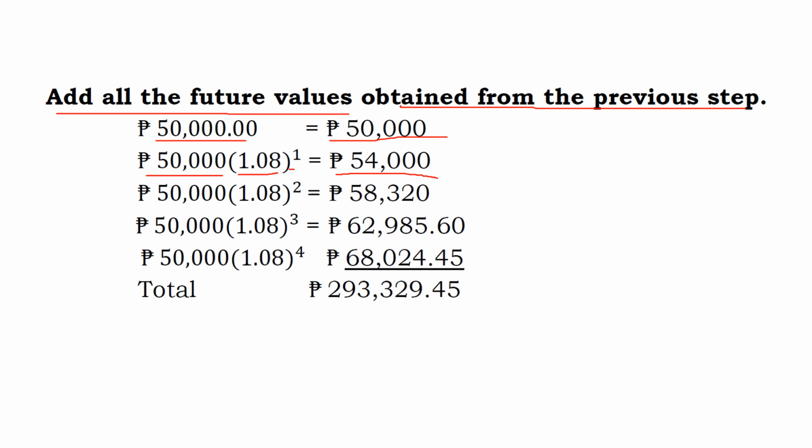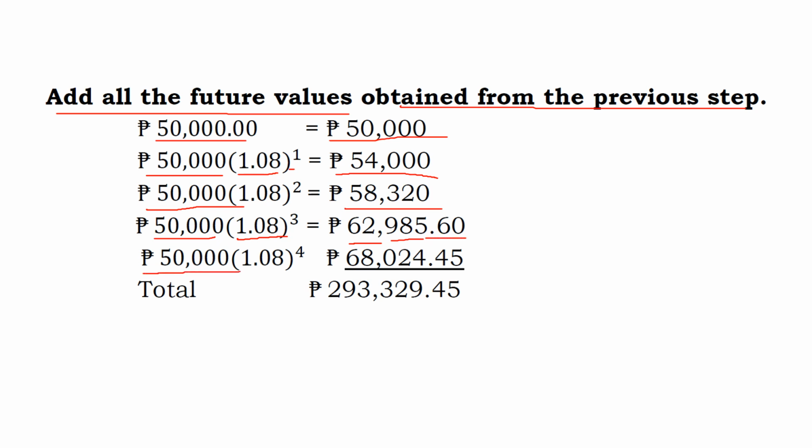Now, your 50,000 multiplied by 1.08 raised to 2 is 58,320, and 50,000 multiplied by 1.08 raised to 3 will be 62,985.60 pesos.